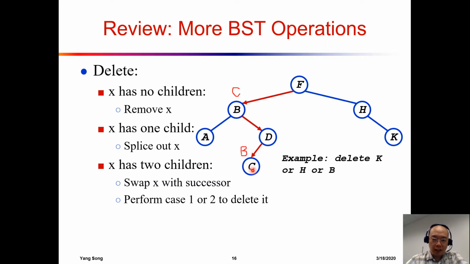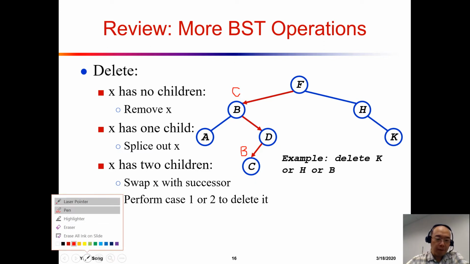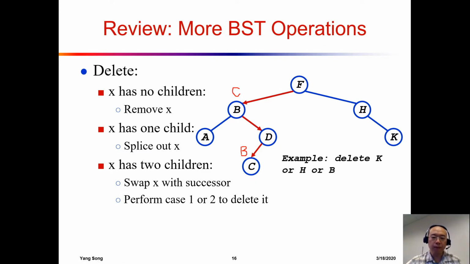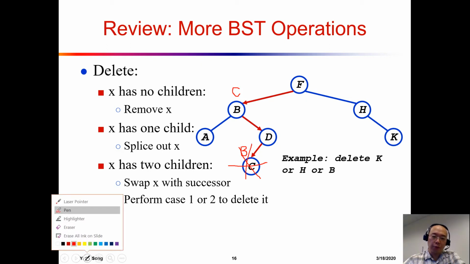Now we come back to case number 1: the current node b, which is here, has no children, so we just throw that away. So we throw b away from the new location, and b is deleted. After we delete b, the successor c takes the previous location of b.